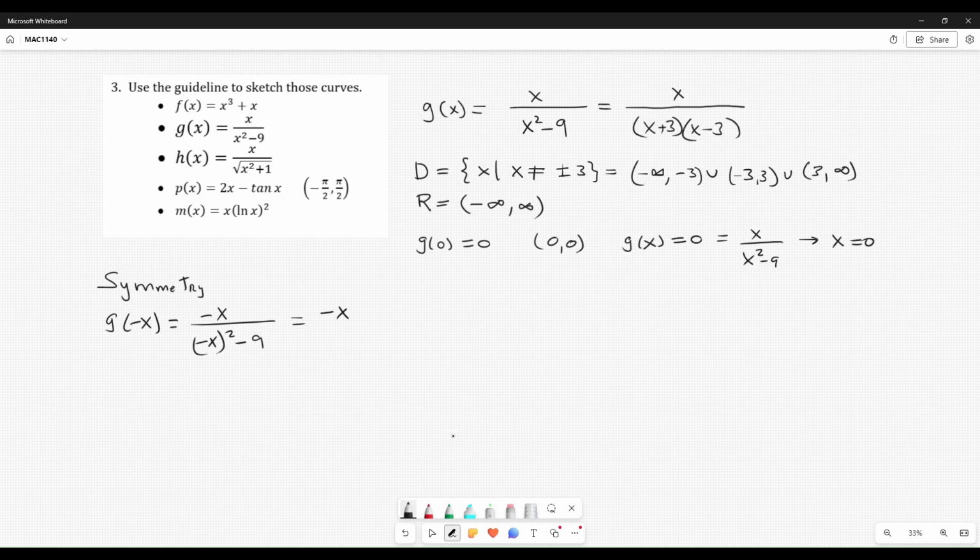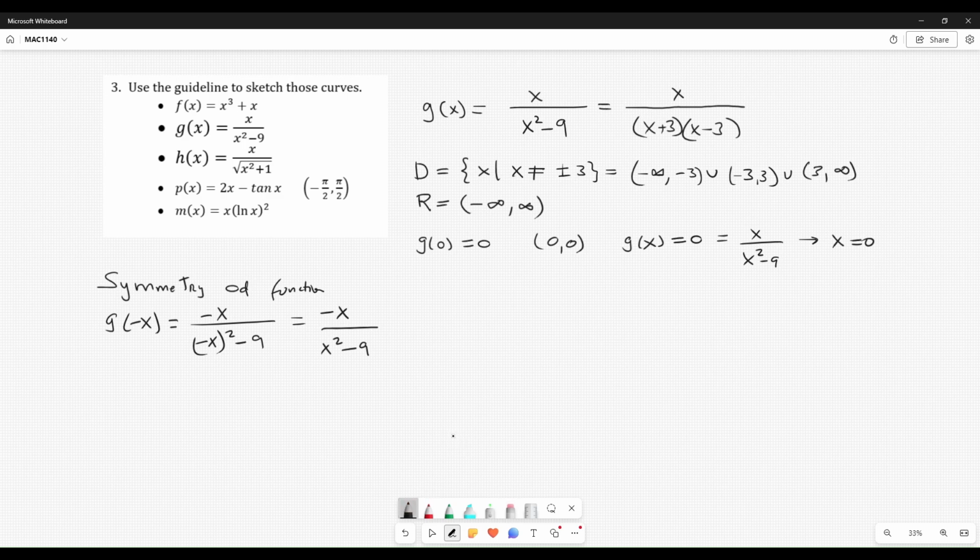This is minus x and this stays positive. So you compare this and the original, you see that always the y value is the opposite sign to the x value. So for the same x, y is opposite. So it's a typical odd function.